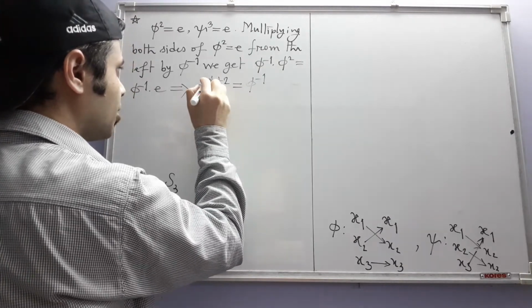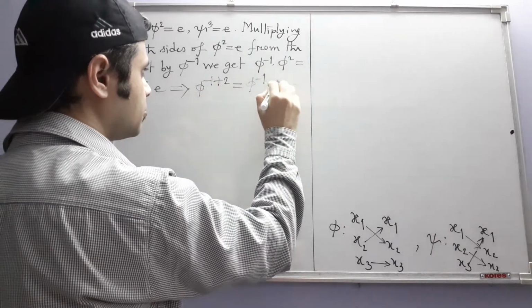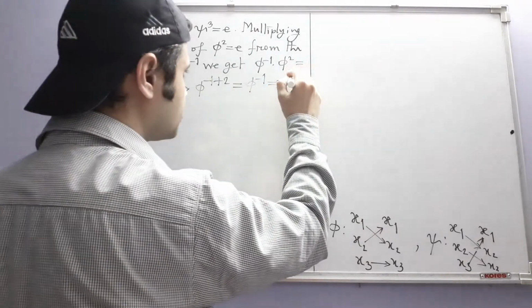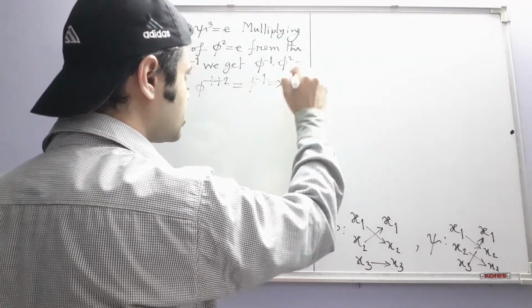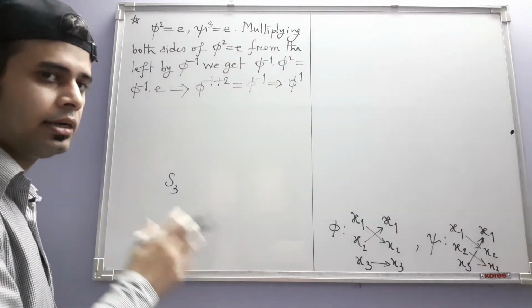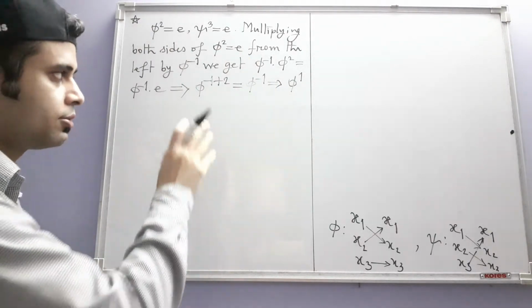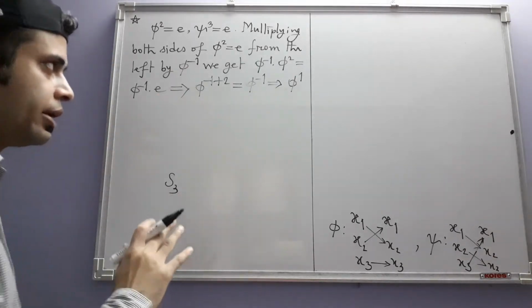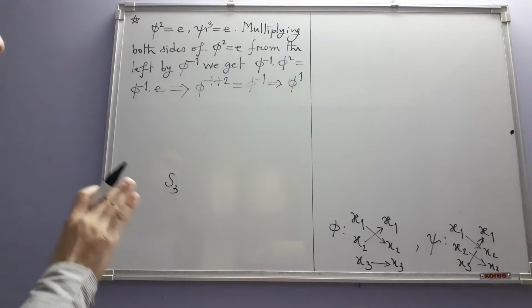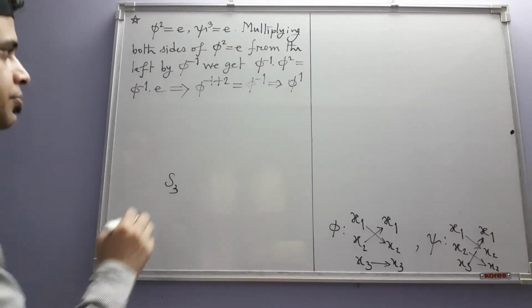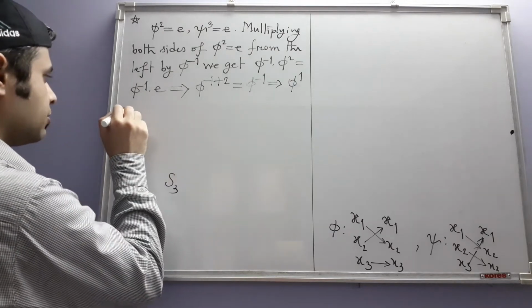So what do we have here? This gives us phi to the power 1, and let us not just skip steps. We write phi to the power 1, and then it is equal to phi, so then we write phi in the next step. At this stage, let us not skip steps so that we understand every step of the calculation, why we are getting something that we are getting.